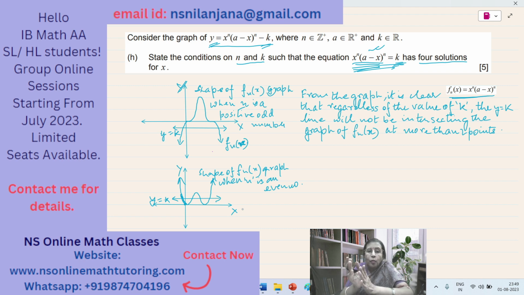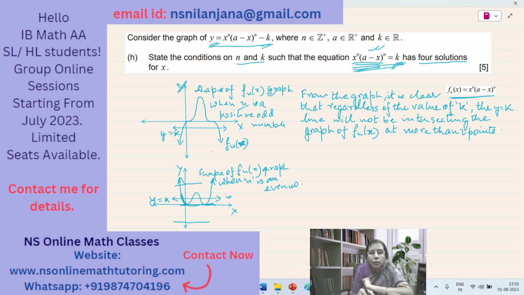And what can be the values of k for which there will be 4 solutions? Because if this y equals k line is drawn somewhere over here, there will be no solution. But if the y equals k line is drawn somewhere over here, like on the x-axis, even then you will be having only 2 solutions.